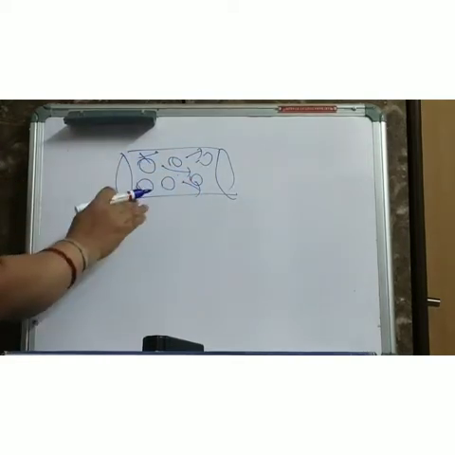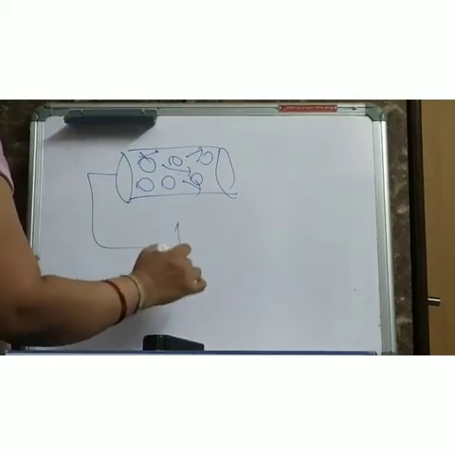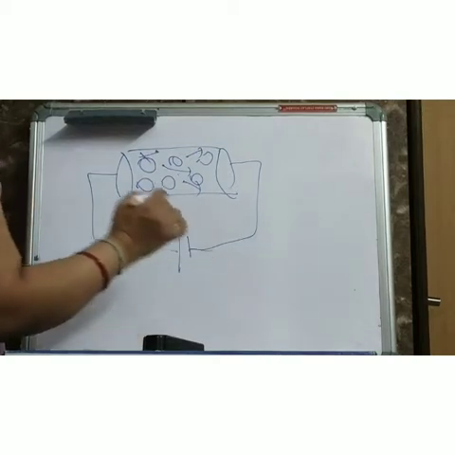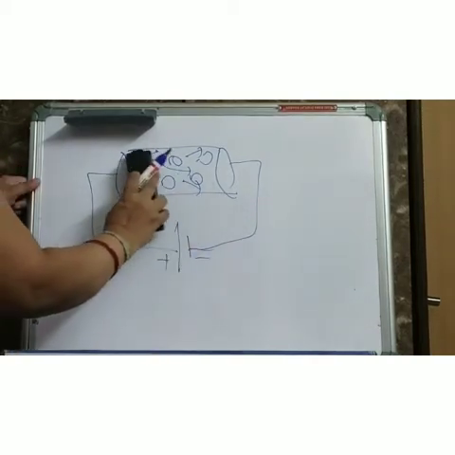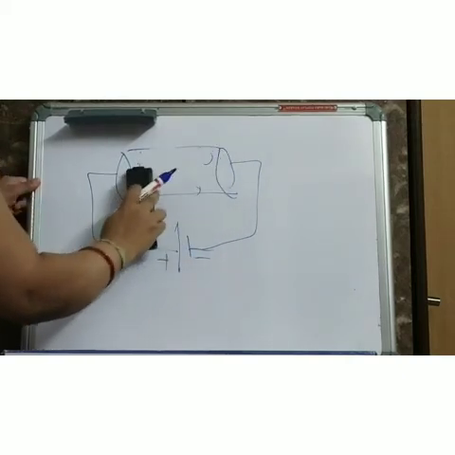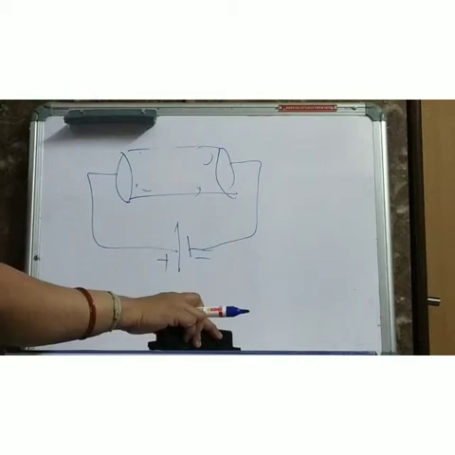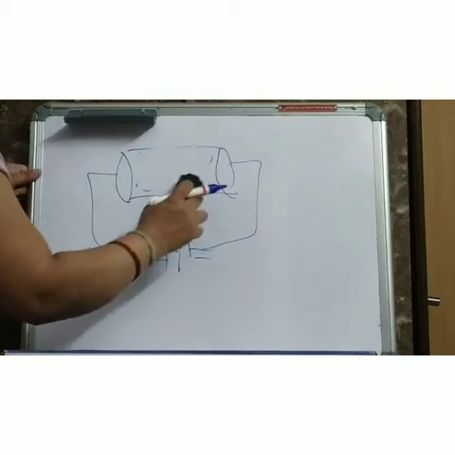Okay, so when you apply potential difference across this conductor, what will happen? This is your positive terminal and this is your negative terminal. So electrons will move from negative terminal to positive terminal, that we have already discussed in last classes.